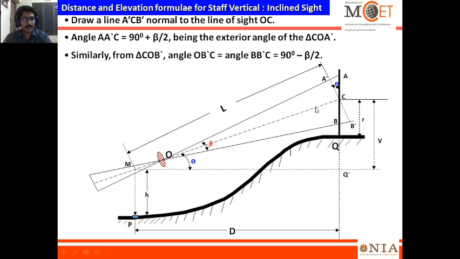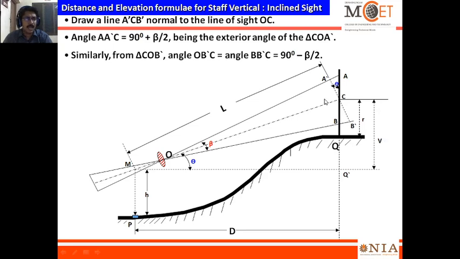The line of sight is inclined to this. You have to remember the diagram. Here the staff is vertical. So the center reading from the ground is denoted as R. From the horizontal line of sight to the center reading, you have to remember it is V, the vertical difference, right?